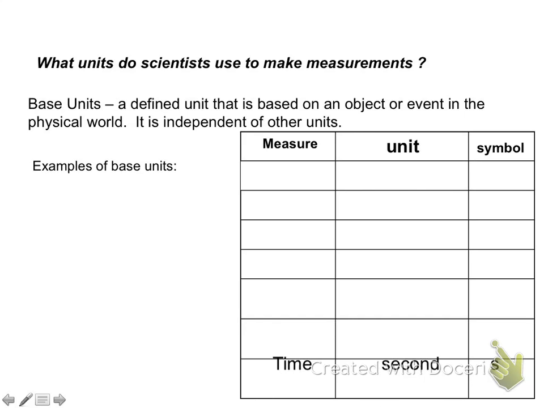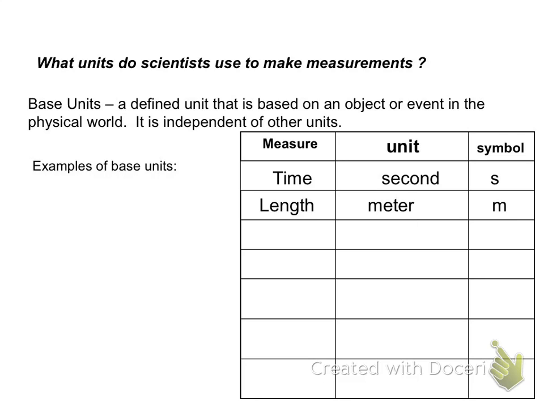The first one is the base unit for time, which is the second. Pay careful attention, please, to the capitalization on these. The symbol is a lowercase s as opposed to an uppercase. The next base unit we have is the meter, lowercase m, that measures length in the SI system.